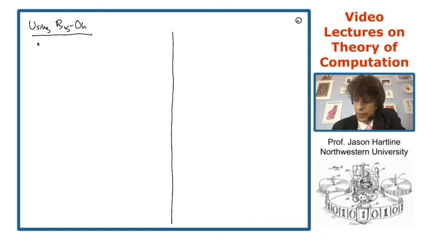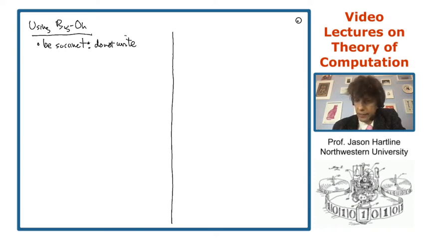One is you should always be succinct when using big O notation. In other words, we're not going to write things in big O notation that can be further simplified.